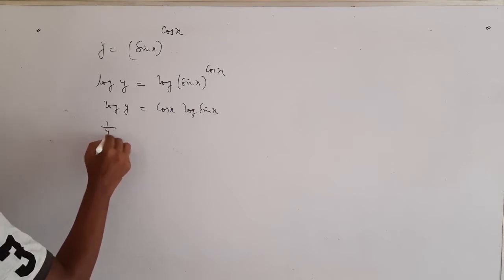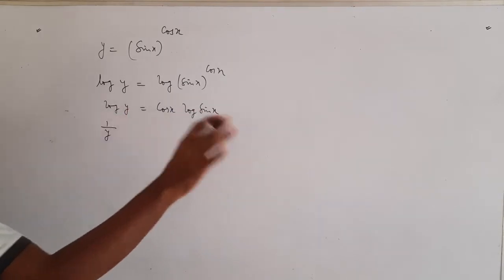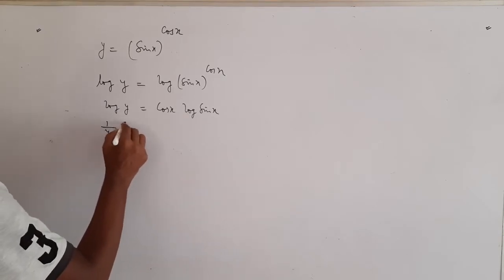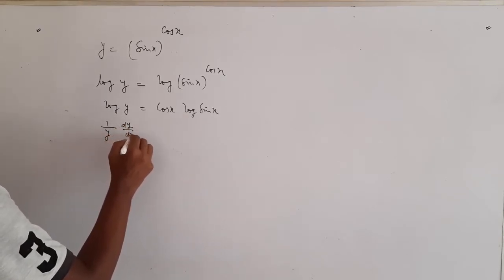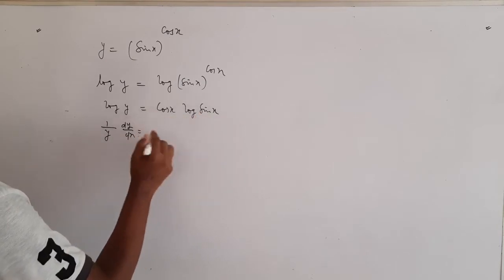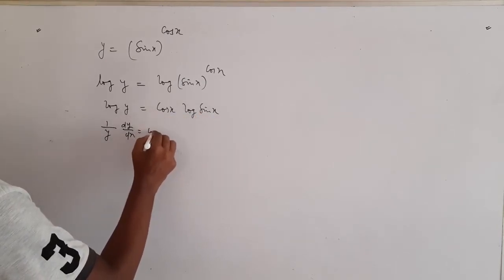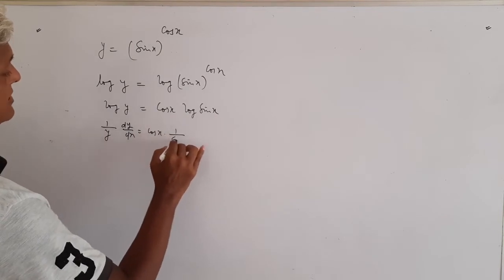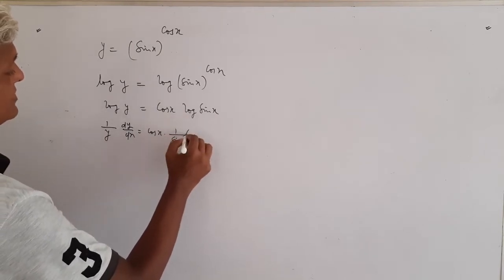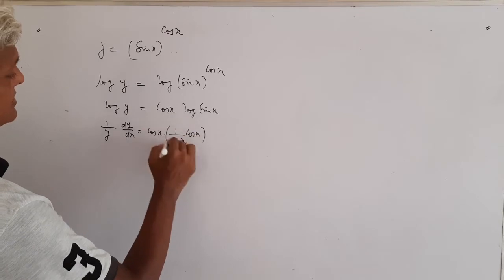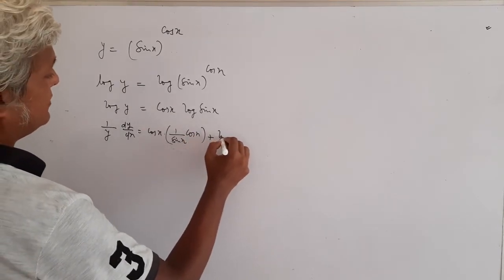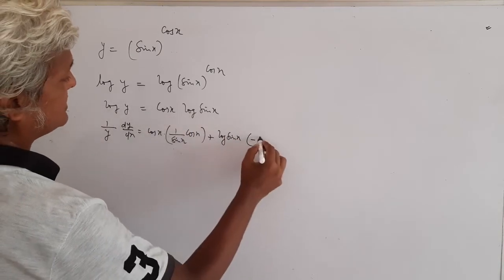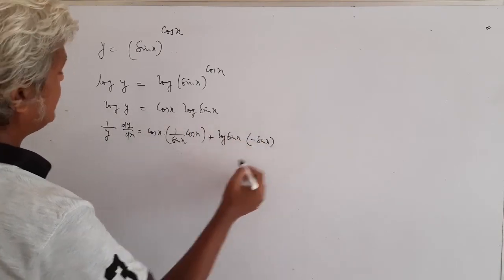Now I'm doing the differentiation directly without writing 'differentiating both sides'; you can do it many times. So 1 by y dy by dx. Now keep one of them constant, so I keep cos x constant, log something, so 1 over something into the differentiation of that something, which is cos x, plus keep log sin x constant, and the differentiation of cos x is minus sin x.